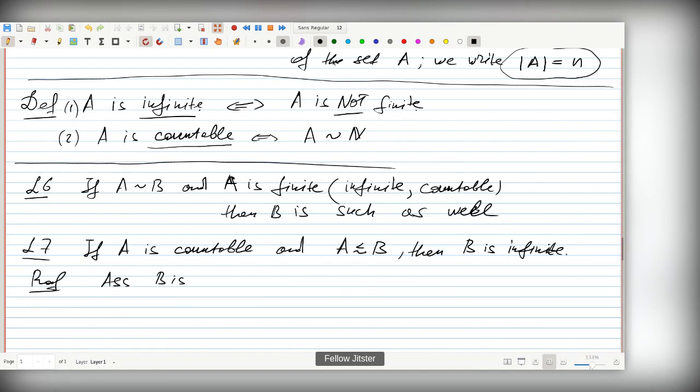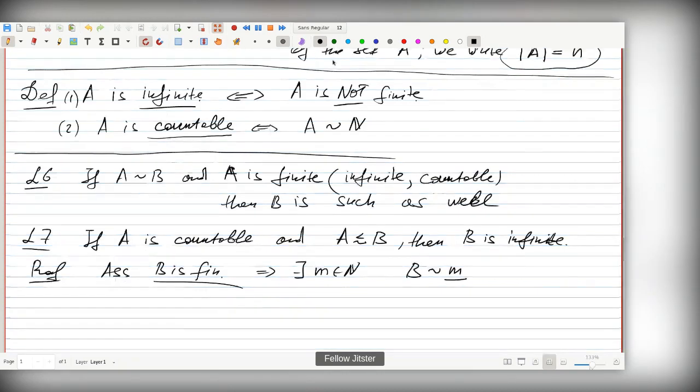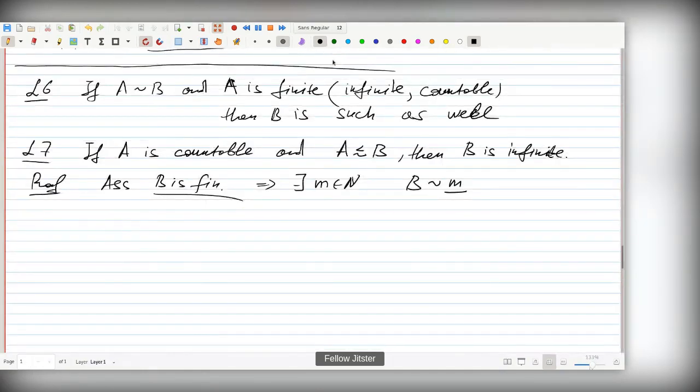Assume that B is finite. What does it mean? Then there exists some natural number M, the cardinality of B. So then B is equivalent to M underlined. But what do we have? We have that M plus 1 underlined, of course, is a subset of N, while N is equivalent to A, as A is countable and A is embeddable into B, while B is equivalent to M underlined.